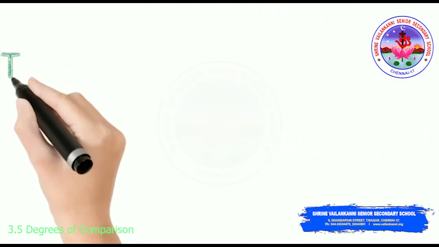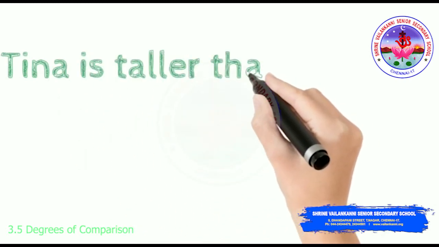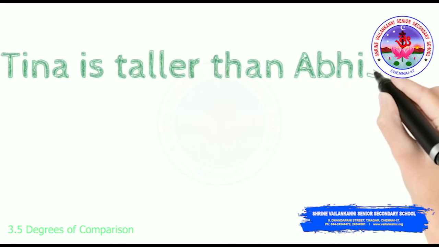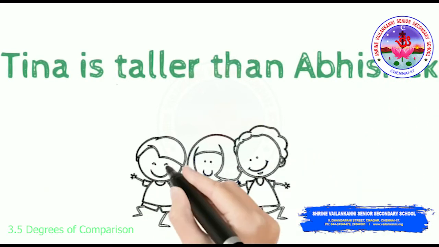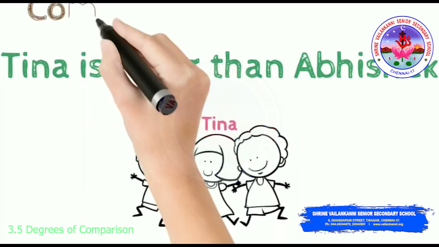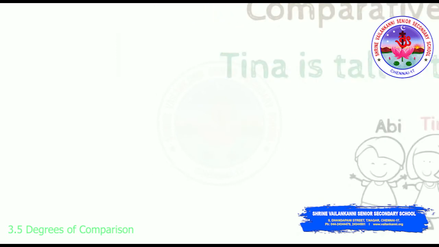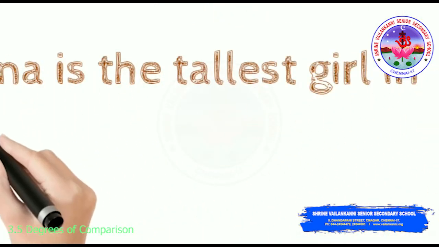For example, Tina is taller than Abhishek. When you are comparing two persons, we are using the comparative degree, like adding ER. Read the second sentence. Tina is the tallest girl in the class.